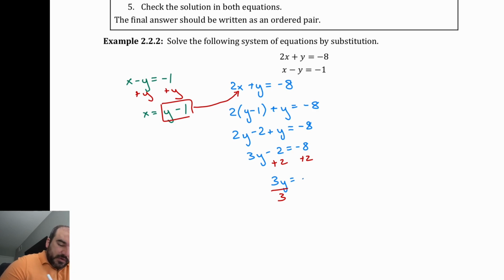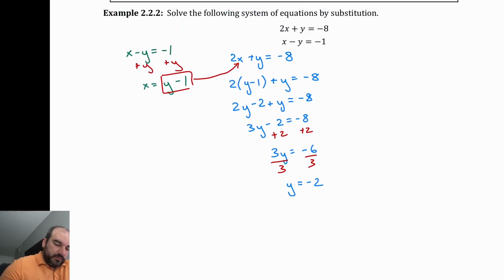Negative 8 plus 2 is negative 6. Divide both sides by 3. And so y equals negative 2. Let me actually move this so we can do it. I guess we'll leave it. So y equals negative 2.